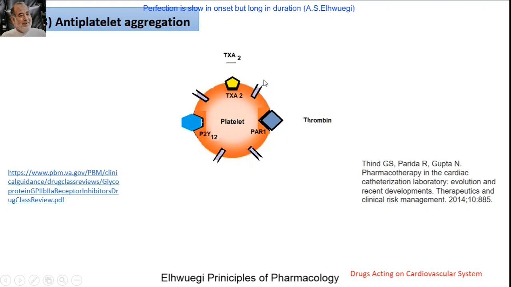Okay, so as we can see now, once this agonist binds to the receptor, the glycoprotein receptor binding site will be released, and this glycoprotein will be available for binding with fibrinogen. This is a fibrinogen molecule. Okay, so in this case fibrinogen will bind with the glycoprotein receptors.